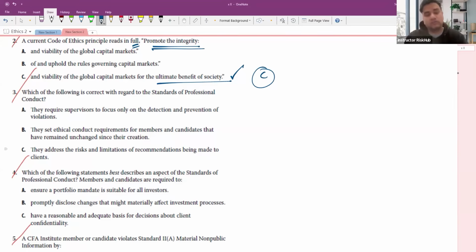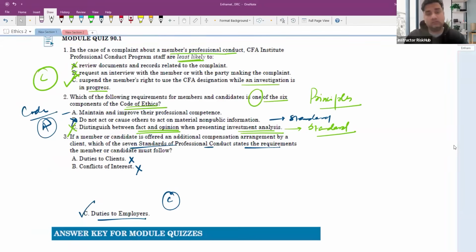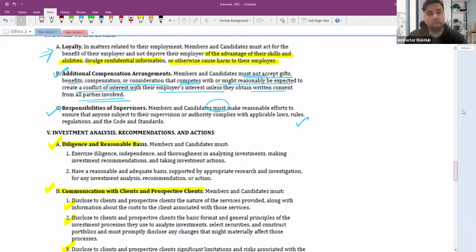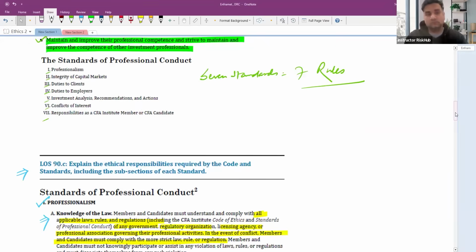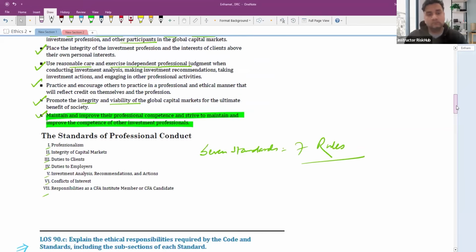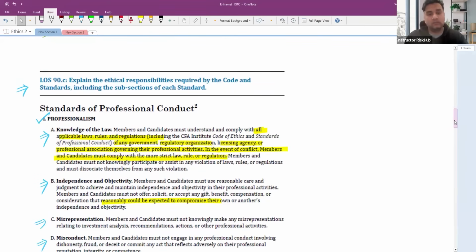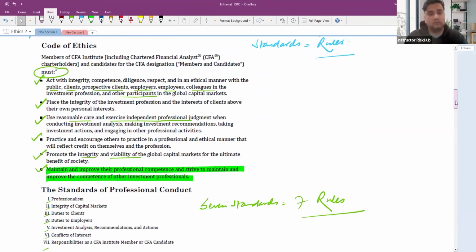CFA questions often test your verbatim phrasing of that page, right? So that's why I told you, right? This page has to be verbatim.